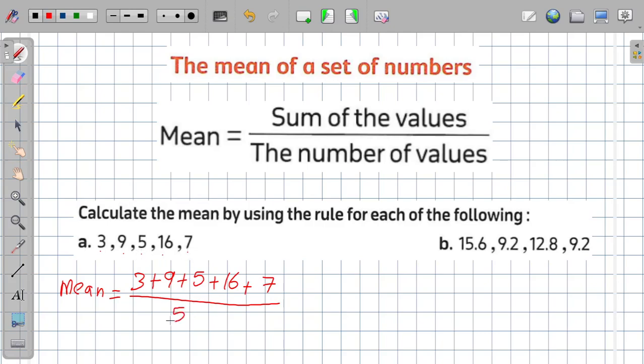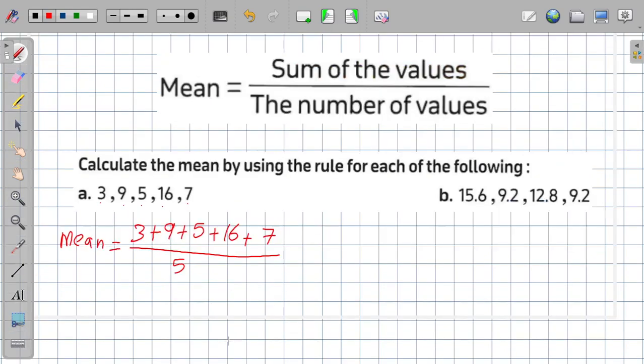So I will divide all of these over 5. 3 plus 9 equals 12. 12 plus 5 equals 17. 17 plus 16 equals 33. 33 plus 7 equals 40. So 40 divided by 5 equals 8. So this is the mean of this data set.